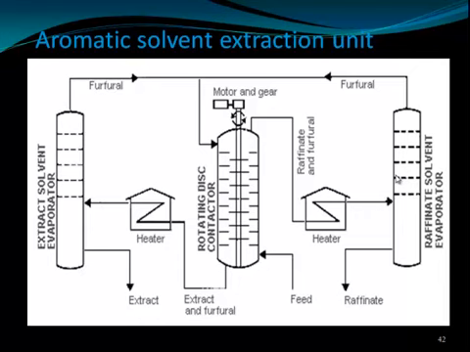And in the extract solvent evaporator, we have the material which is not dissolving, and then we have the extract, where the furfural present in the lesser amount we can send again back to the tower. So generally here it should have two phases.